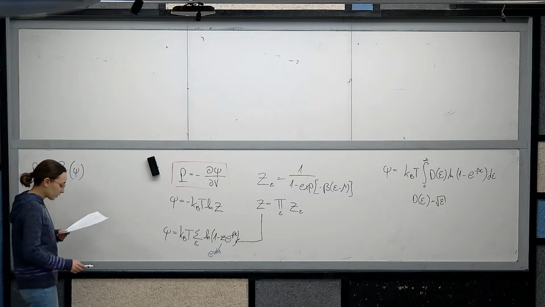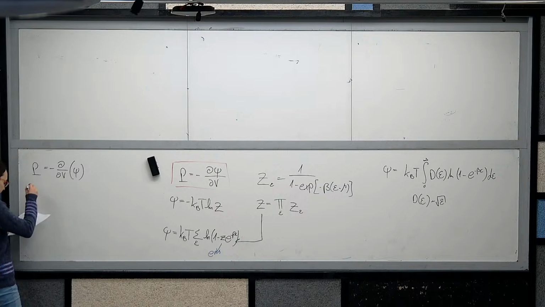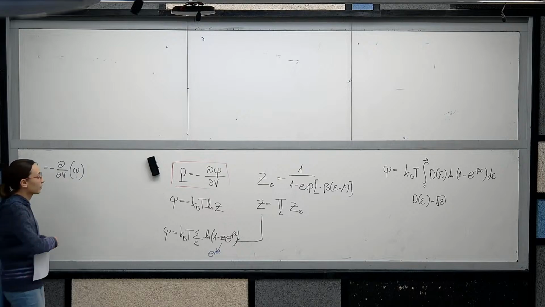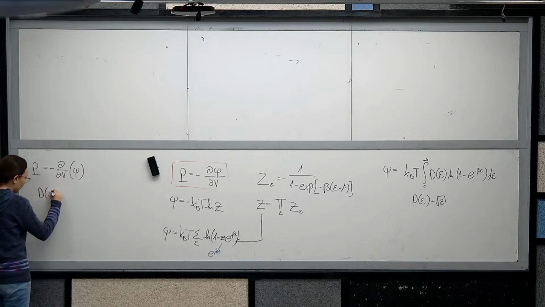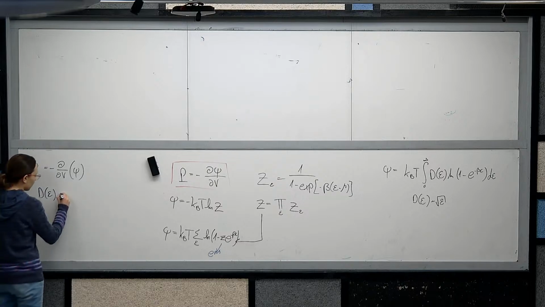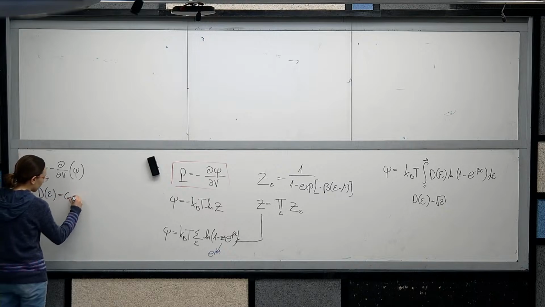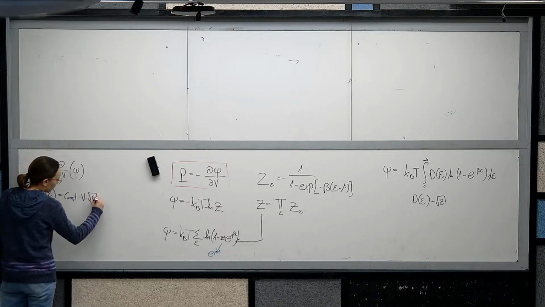Our density of states, right? The density of states of an ideal gas equals some constant times V times the square root of epsilon.